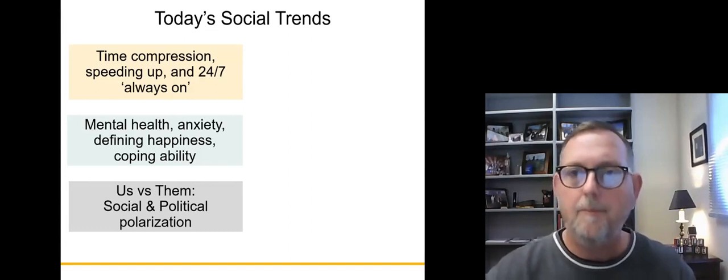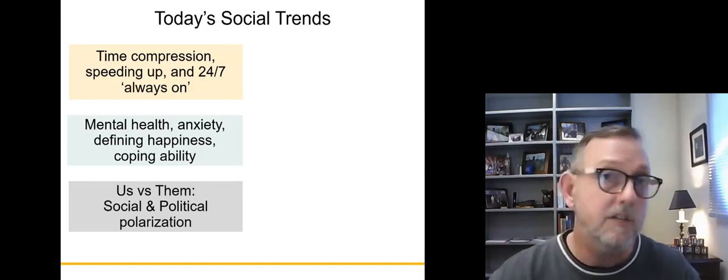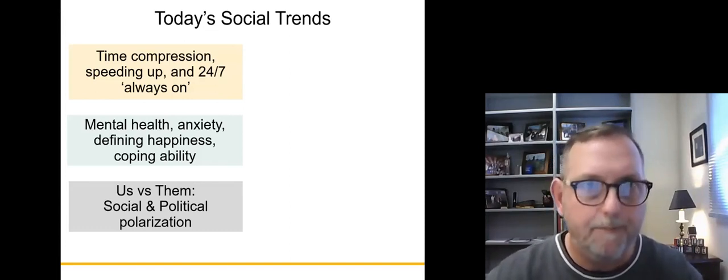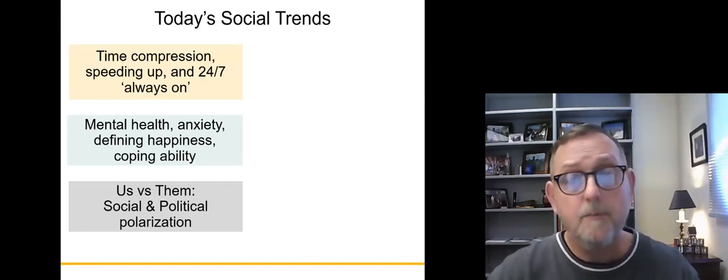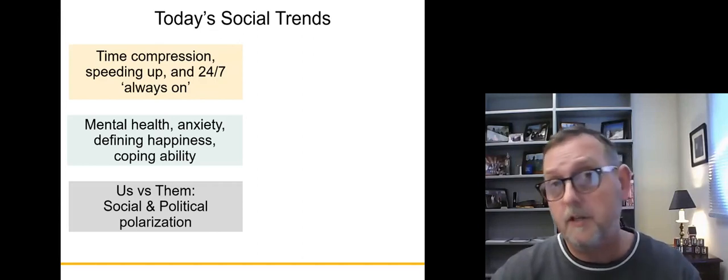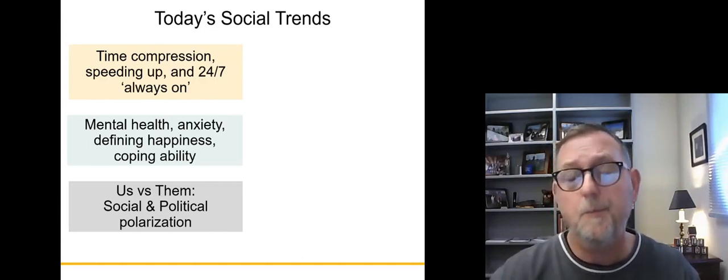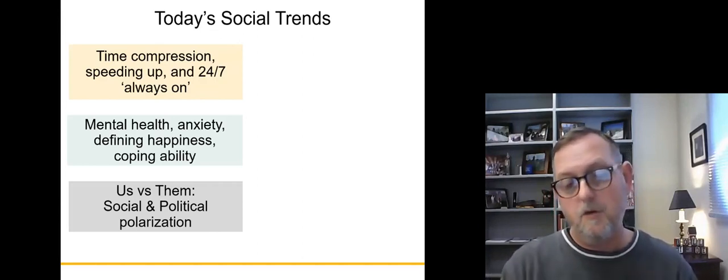That's a thing that we're, I don't know whether we are losing the ability to do it or whatever, but that's a challenge. Okay, us versus them, tribalism, social and political polarization is a big issue.